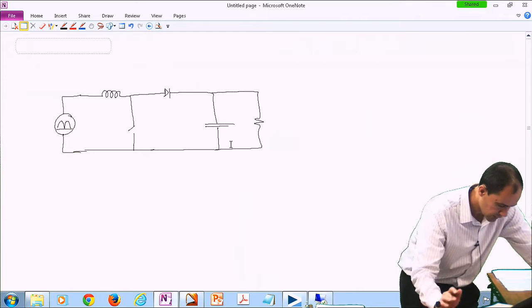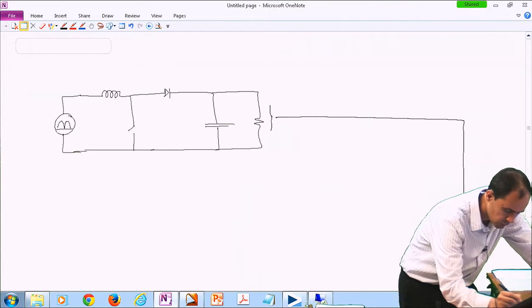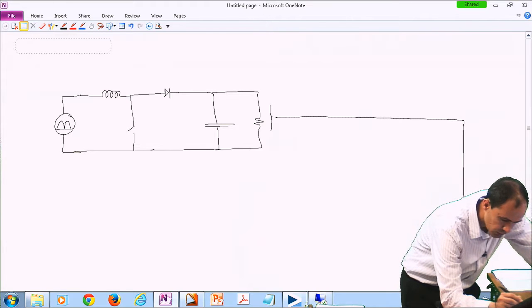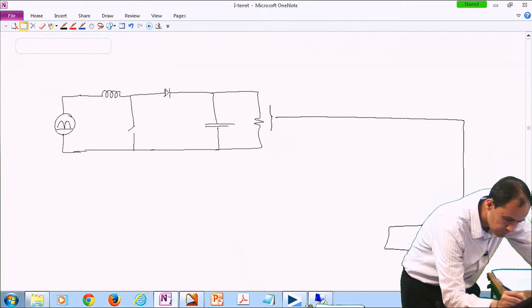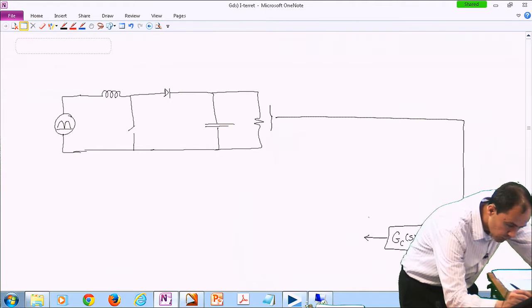So the trick is, similar to the previous case, we are still trying to regulate the output voltage. And we have a transfer function, which is our voltage compensation transfer function. We get a signal that is relatively DC.